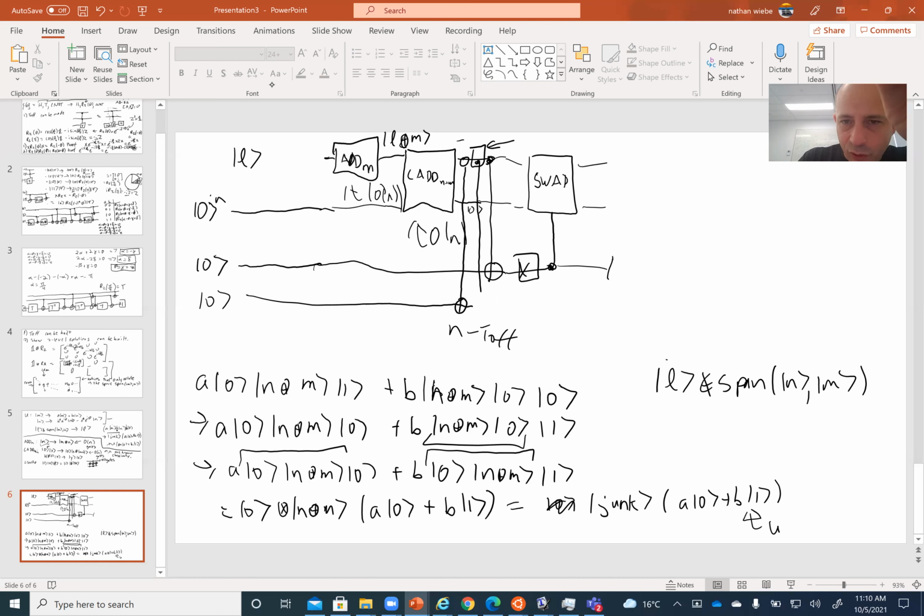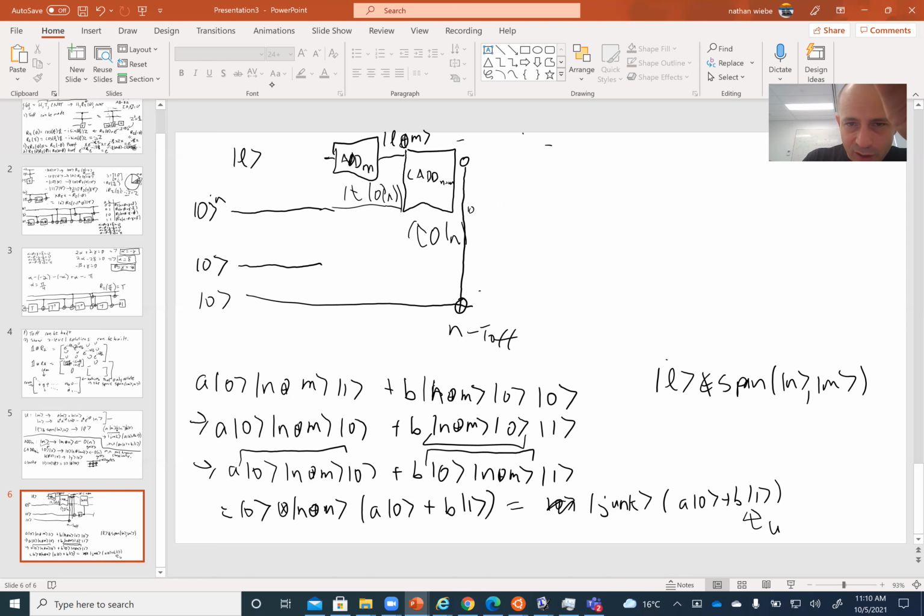What I mean by this control box is that if this is equal to n exclusive or m, then do this transformation. Now we can build that transformation. Let me write this all out in more longhand. What we can do is add n plus m here. And now if this result is 0, then we'll flip the bottom qubit and we will now unadd n plus m at the top.